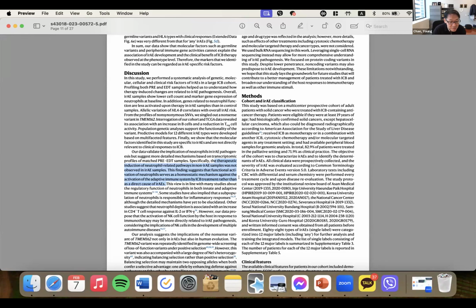This finding suggests that functional activation of neutrophil serves as a homeostatic mechanism against the activation of the adaptive immune system by ICB treatment, rather than as a direct cause of IRAEs.